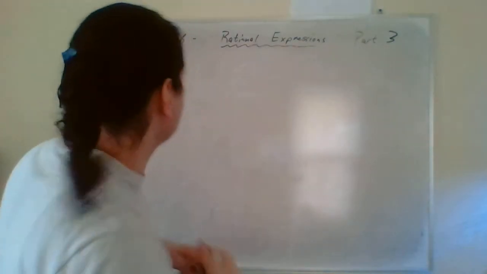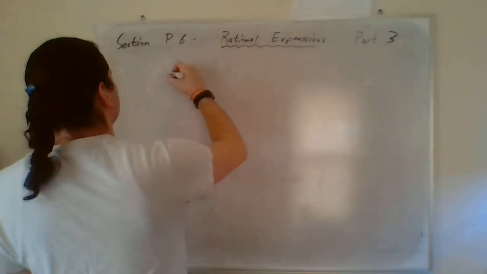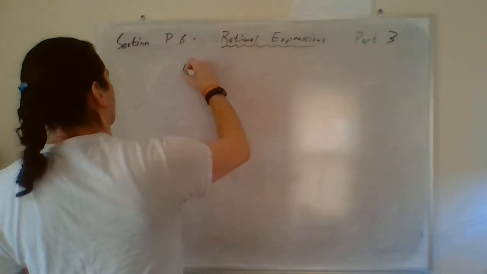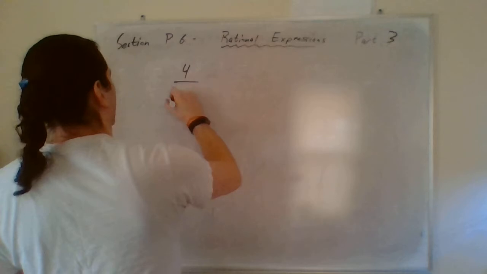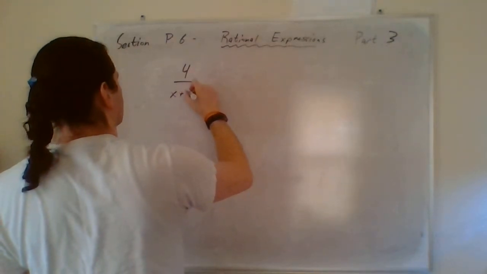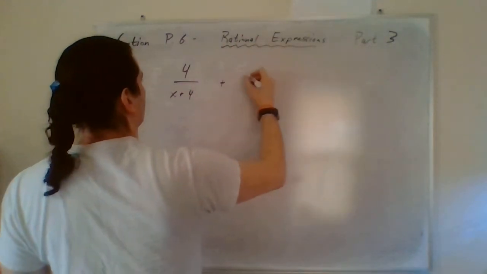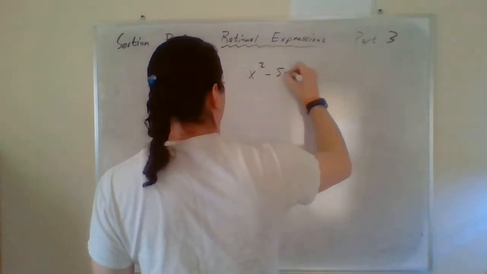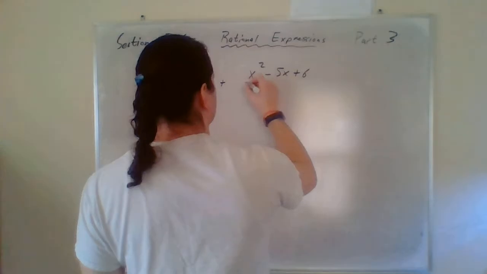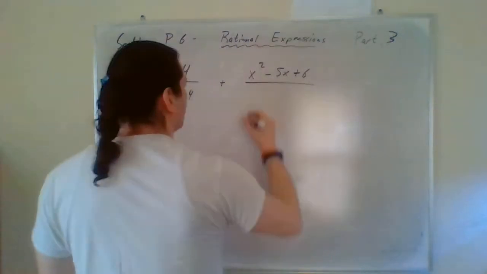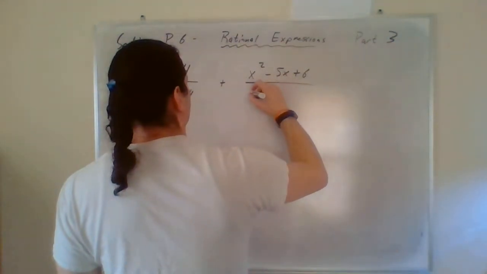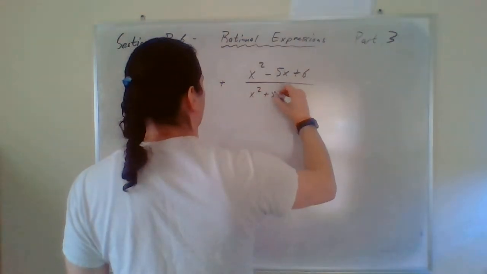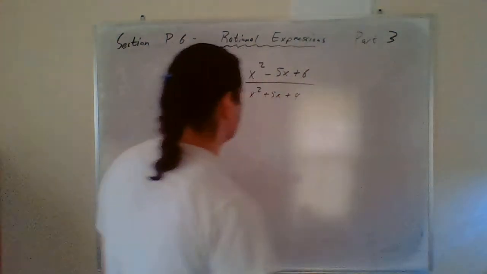Okay, let's do something like 4 over x plus 4 plus x squared minus 5x plus 6 over, we'll do x squared plus 5x plus 4.